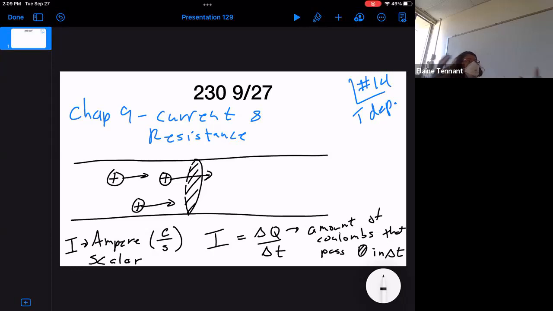So it's not really a vector because more or less is not a direction. It's not like northwest. And we're going to have the same thing with this current. You can definitely think of current like moving to the left through the wire or moving to the right through the wire. But it's never going to take a left turn off of the wire.